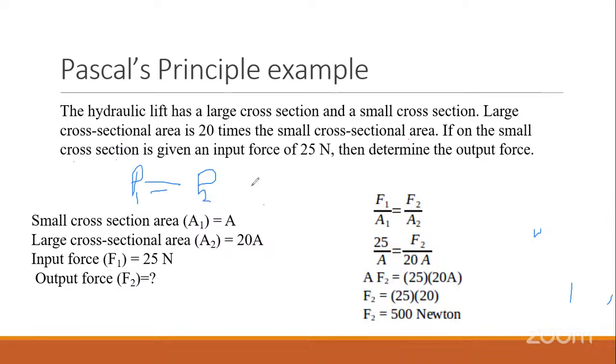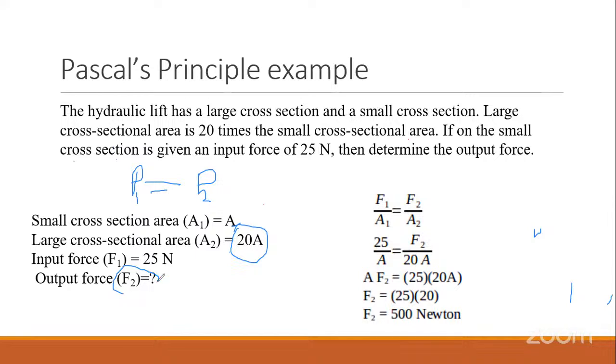The small cross-section A1 is equal to A, that is the area. The large cross-sectional area A2 is equal to 20A, or 20 times the small cross-sectional area. The input force in the small cross-sectional area is 25. The output force, which is at the large cross-sectional area, is F2. This is what we are asked to find.